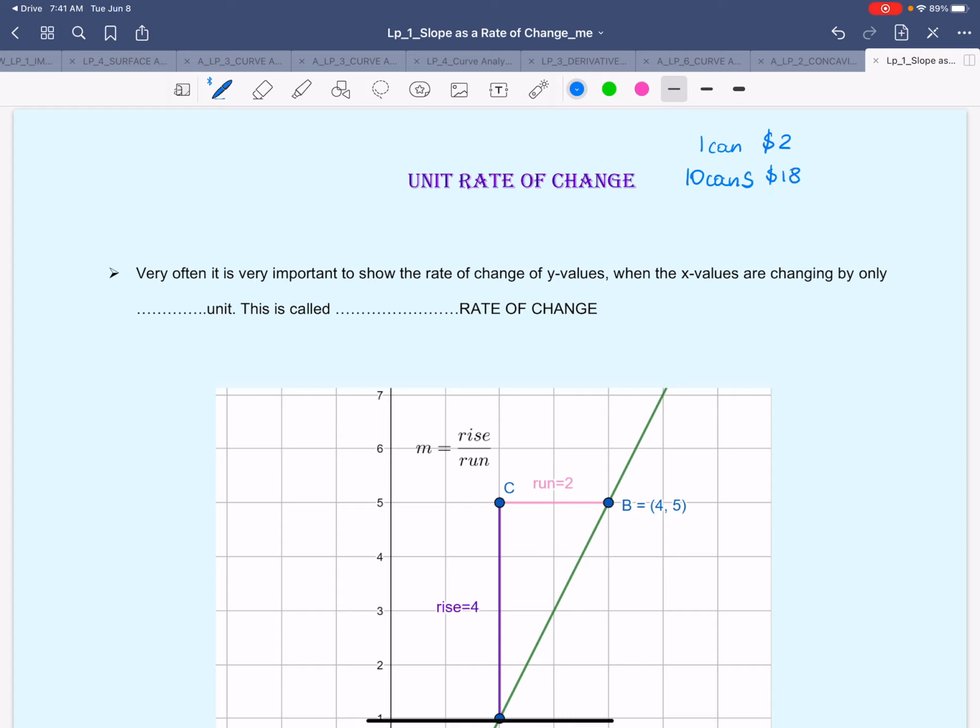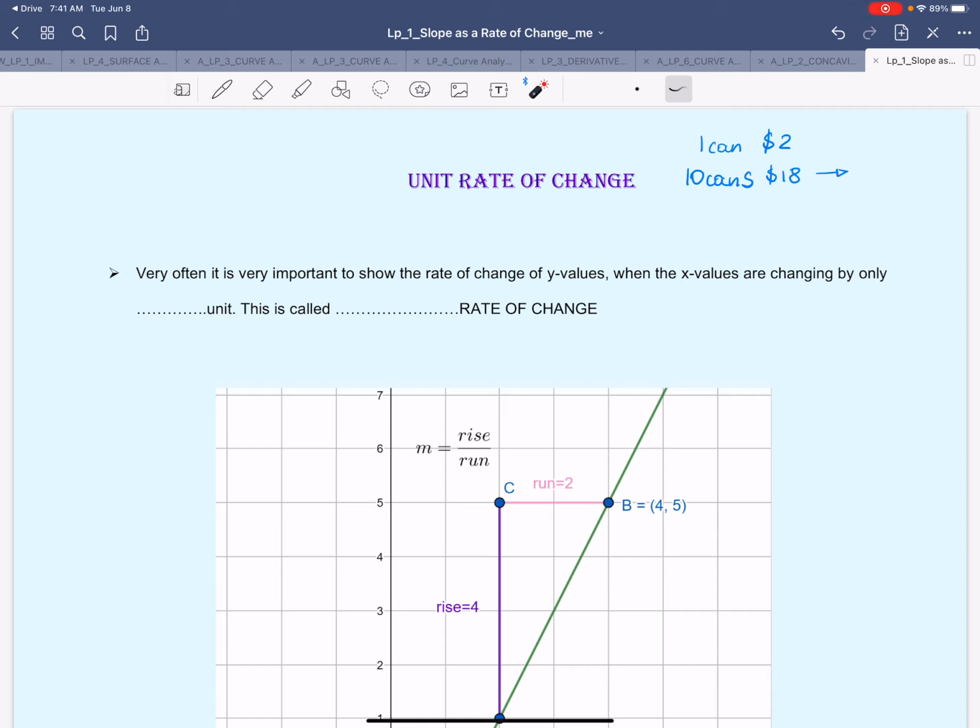So if you want to actually decide which one would be a better buy for you, you will want to know how much each can will cost from a case of 10. In other words, you don't want to know just the price for 10 cans, but you want to know the price for 1 can. In other words, you want to know the unit price.